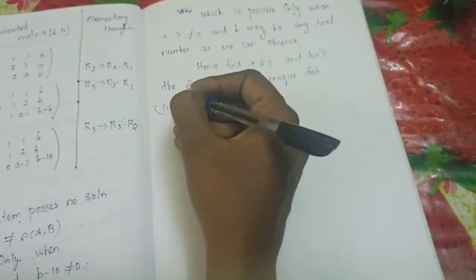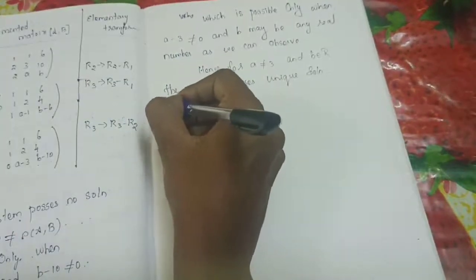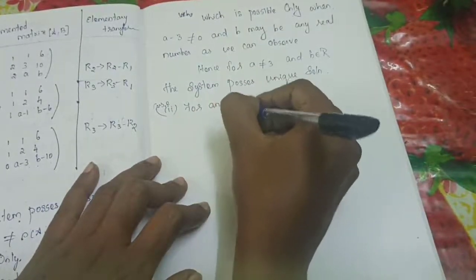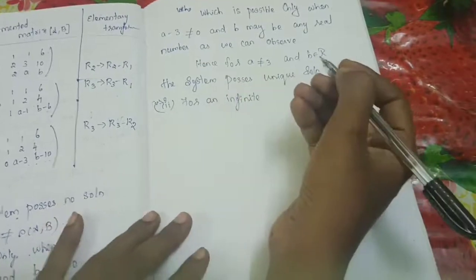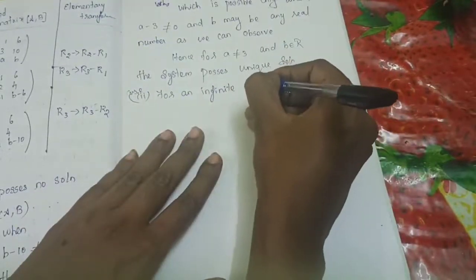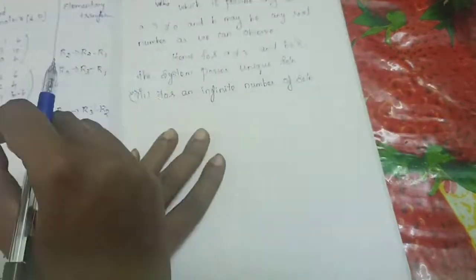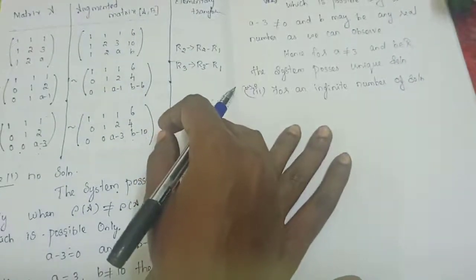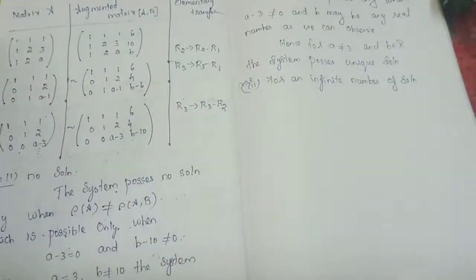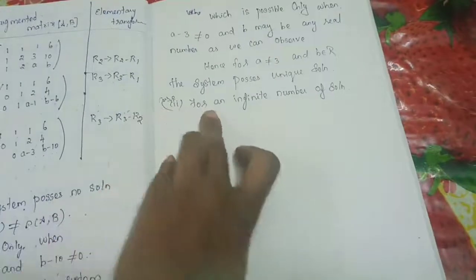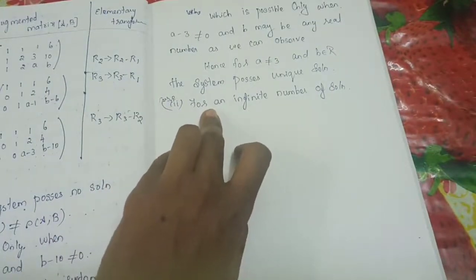Okay, next, third case. Case 3: infinite number of solutions. To possess an infinite number of solutions means rank of [A, B] is equal to rank of A, which is less than n. In the second condition you needed it equal to n, here less than n. Less than n means we won't get 3, we need less than 3.